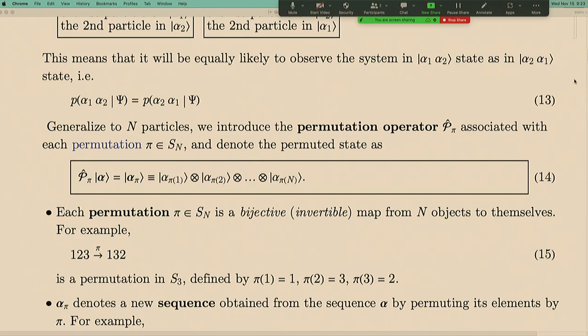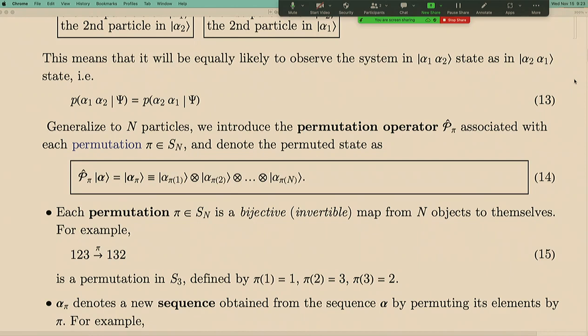What we are saying is that if you exchange the two indices, and you should think of alpha 1 and alpha 2 as indices or basis states that label these many-body states, then the wave vector amplitude should have the same norm. In order to exchange these bases, we need to introduce an operator. This is the first time we introduce an operator in the many-body Hilbert space, and this operator is called the permutation operator.